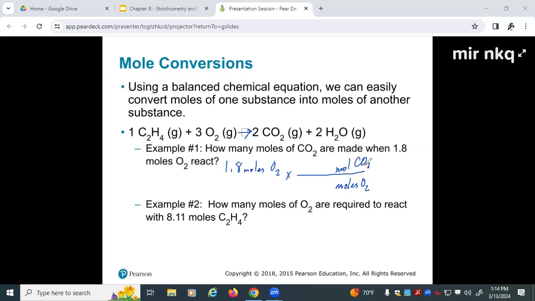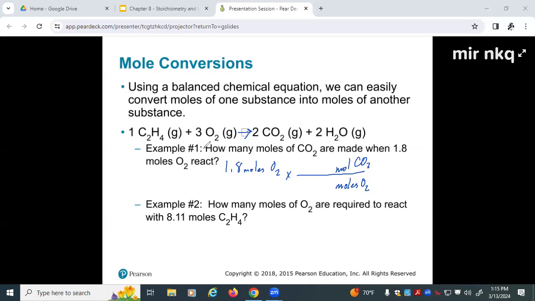Now, where do I get the numbers for this conversion? That's where the balanced chemical equation comes in. The coefficients, those numbers in front of each of those chemical formulas, tell us the ratio, tell us the numbers that we need to pull into the conversion to do the calculation properly.